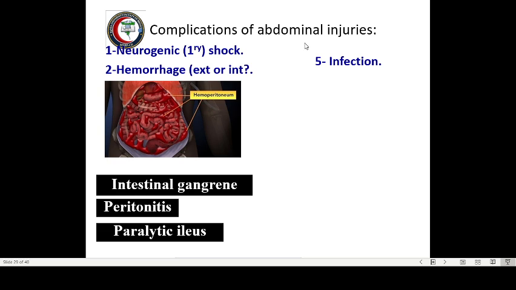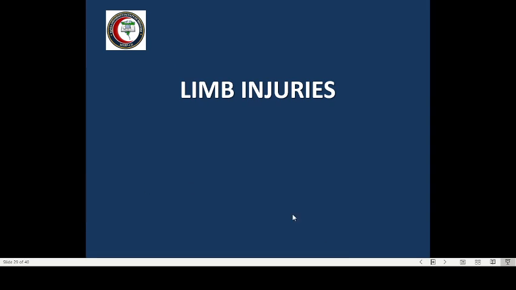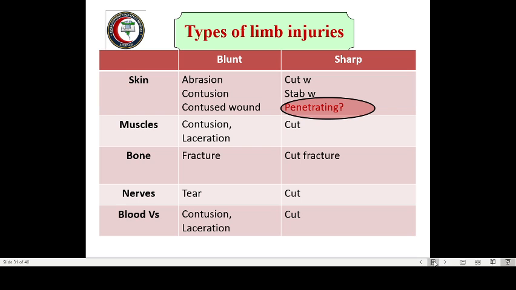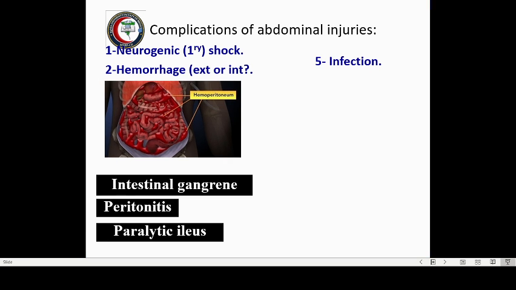For complications of abdominal injuries, there may be neurogenic shock, there may be hemorrhage, and this hemorrhage may be external or internal. Internal hemorrhage means collection of blood in the peritoneum, and we said this is hemoperitoneum. Beware that this hemorrhage may be delayed, as we described in case of subcapsular tear of spleen or liver. We may have infection, and we have also some specific injuries to the abdomen.